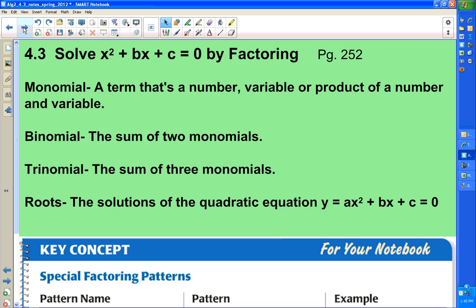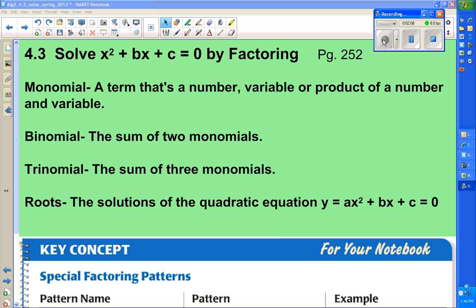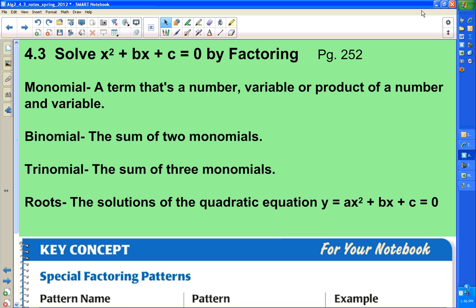Roots, what are they? 2 other names. Zero, what is an x-intercept? What are those things? Roots, zeros, x-intercepts, what are they?